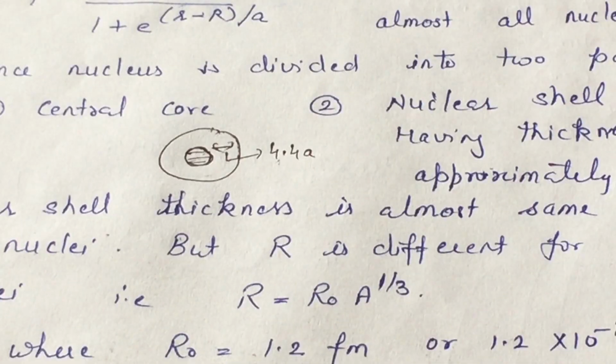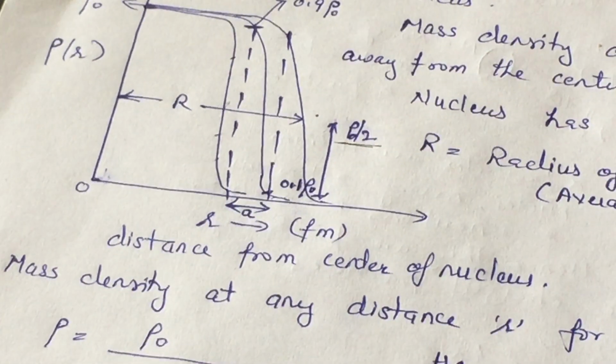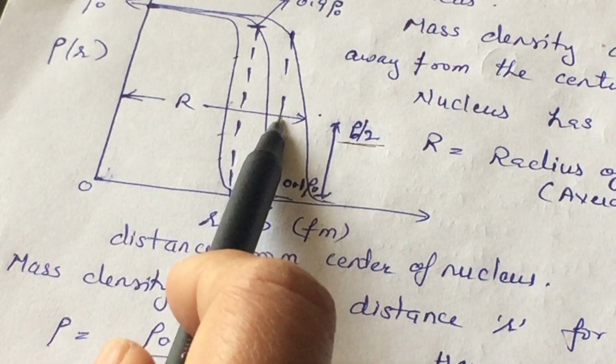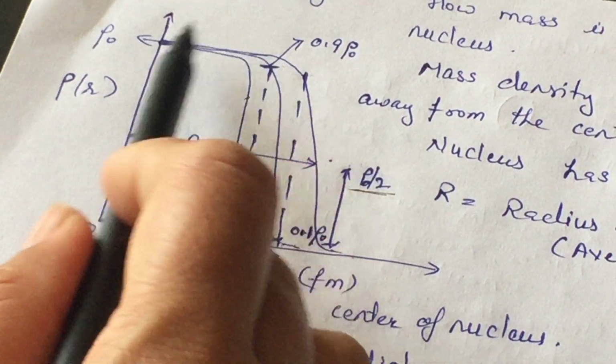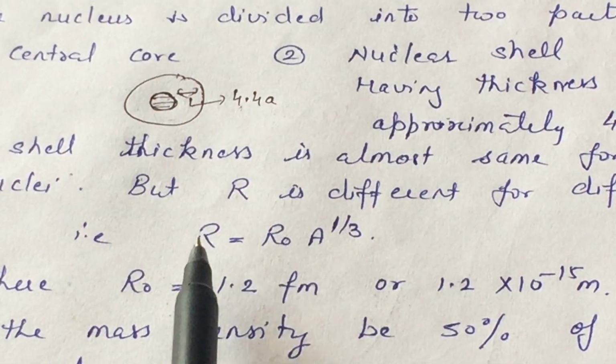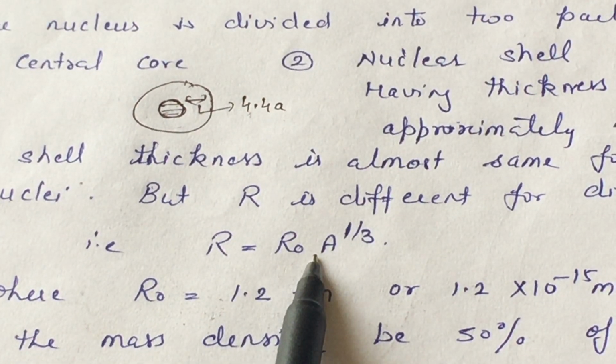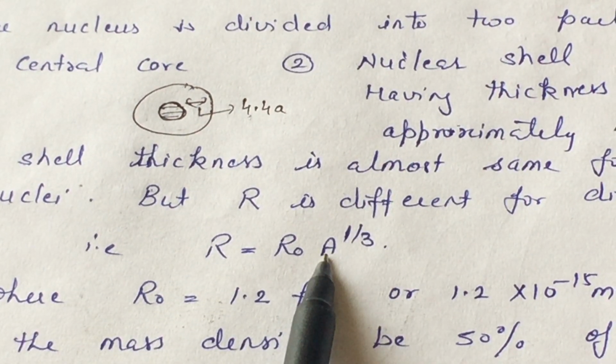With the help of all these conclusions, where the radius of the nucleus depends upon the mass density of the nucleus, this is how we can represent the radius of the nucleus if you know the number of nucleons.